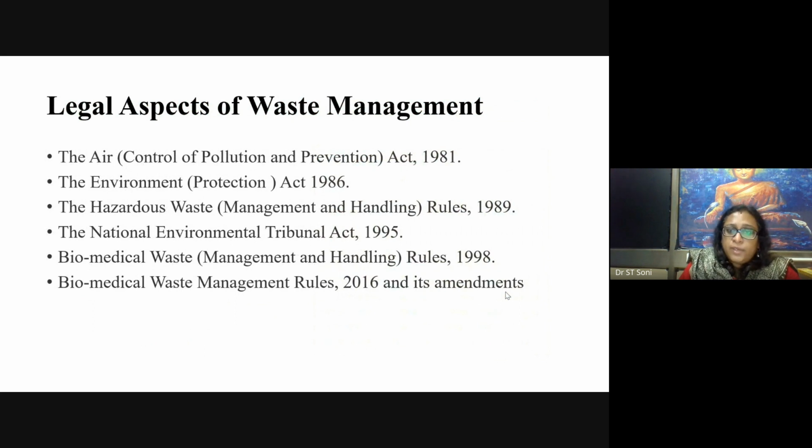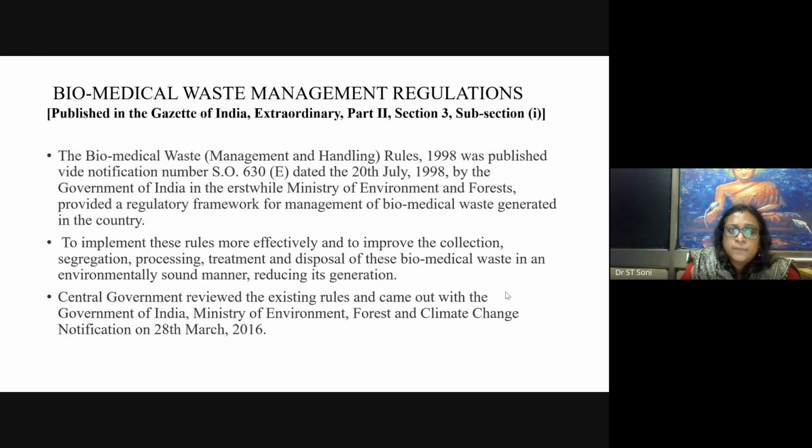Legal aspect, I will not be going into the details. See the previous rules, the Biomedical Waste Management and Handling Rules 1998, which are now superseded by the Biomedical Waste Management Rules 2016 and their amendment. It was published in the Gazette on 20th March 2016 by the Ministry of Environment, Forest and Climate Change, Government of India.